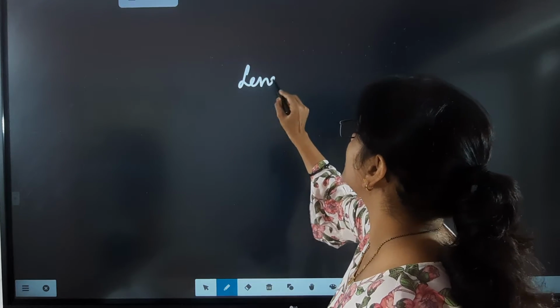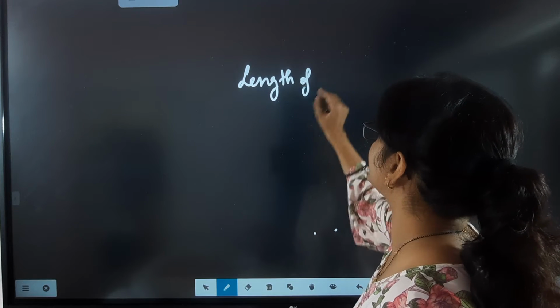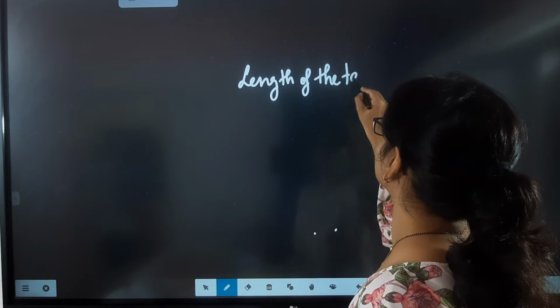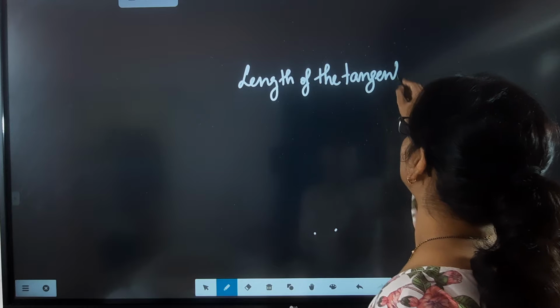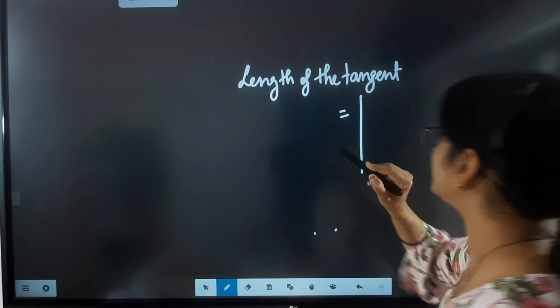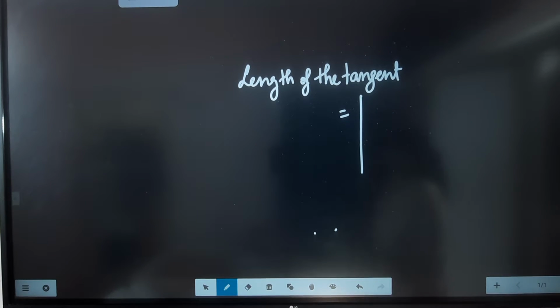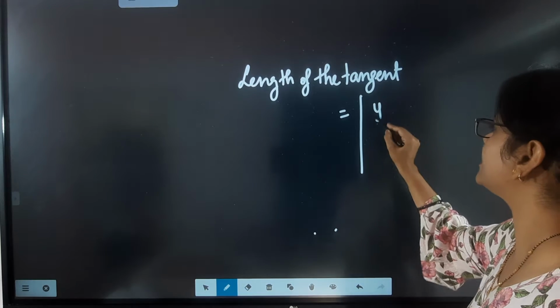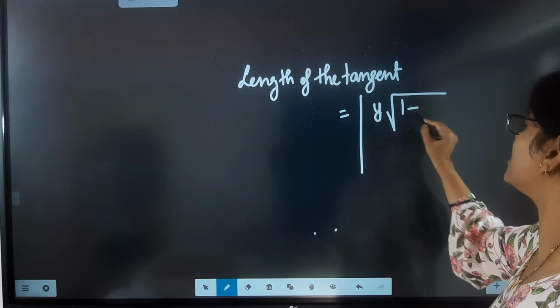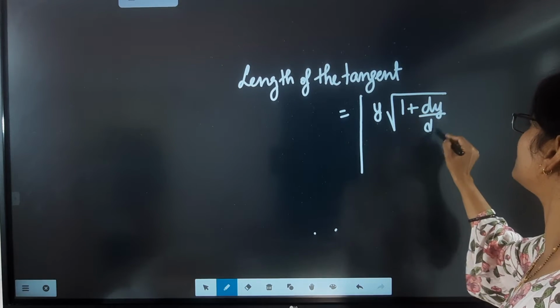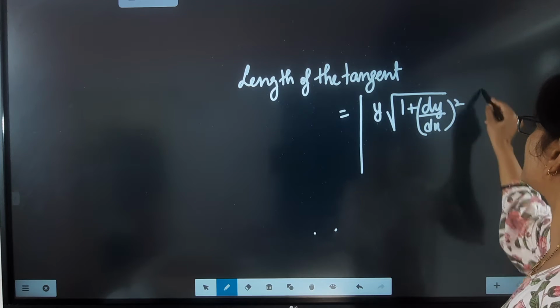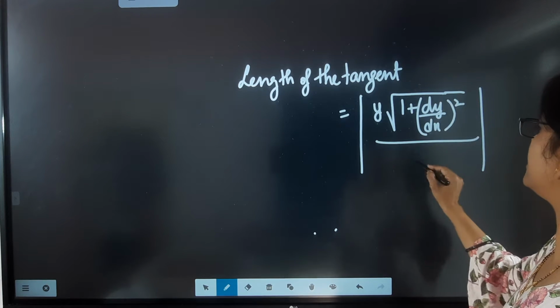So if somebody asks you what will be the length of the tangent, the first thing is that the length of the tangent has to be positive. So here you are going to write, first a modulus, and then y root under 1 plus (dy by dx) whole square, divided by dy by dx.